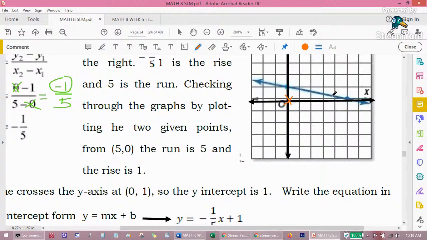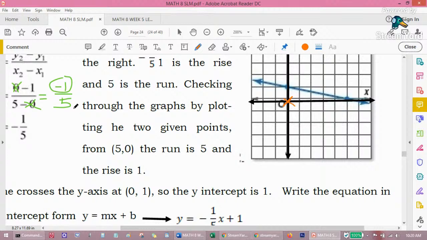Again, ito yung dalawang point. Dito tayo mag-umpisa sa kaliwa kasi nagbabasa tayo from left papunta sa right. So, dito tayo mag-uumpisa. Ang rise natin is negative 1. So, ibig sabihin, bababa tayo ng 1 unit. So, tigil tayo dito.